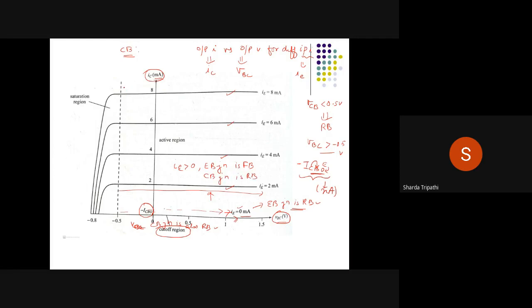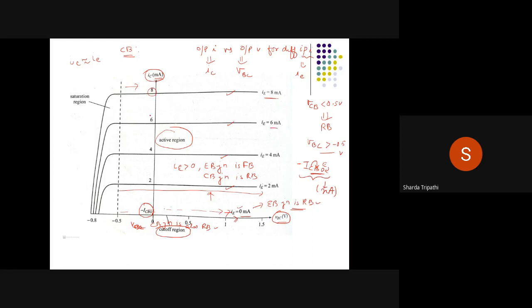So to the right side of this dotted line, the transistor is operating in the active region. When the transistor is operating in the active region, I would like you to verify two things from here. The first thing that we read in the last slide was that IC should be approximately the same as IE. That's what we can confirm from here. Here IE is 8 milliamperes, correspondingly IC is also 8.